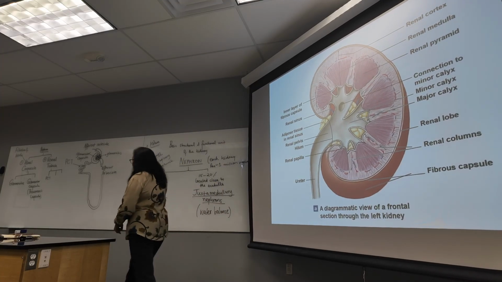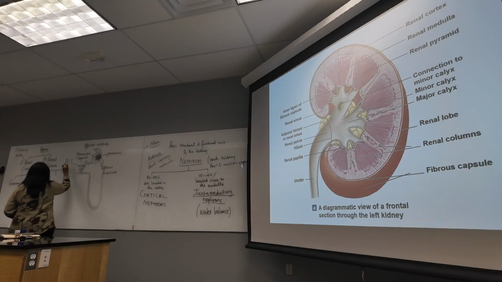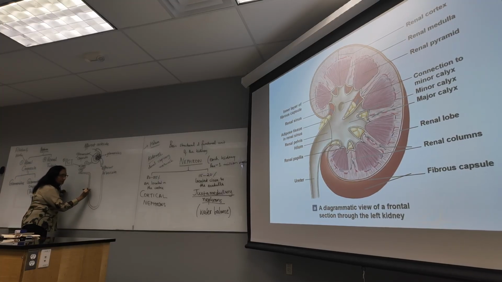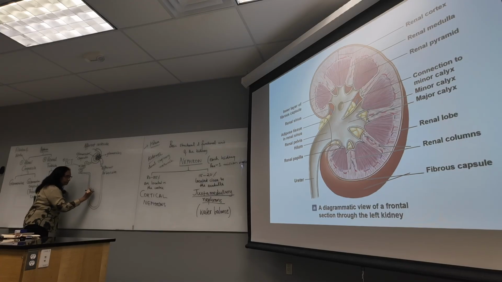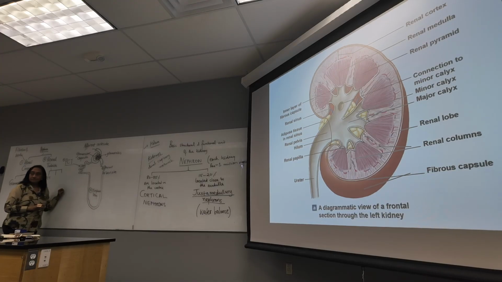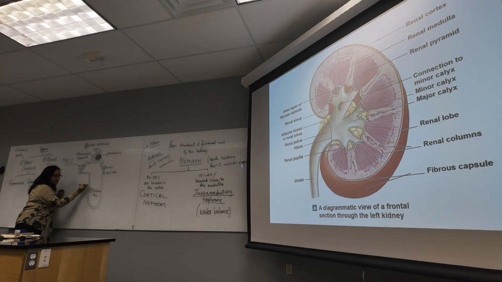Okay? So this is the first part of the tube. The second part of the tube is called the nephron loop. This is the descending limb because it's going down. Descending limb going down like that.